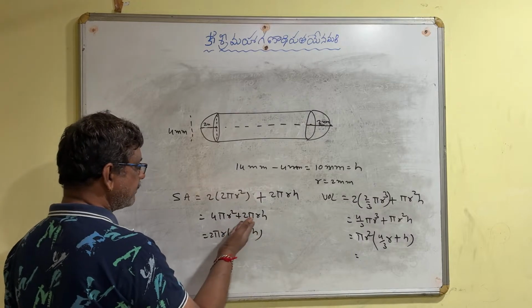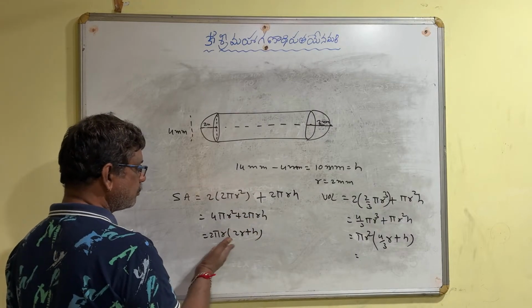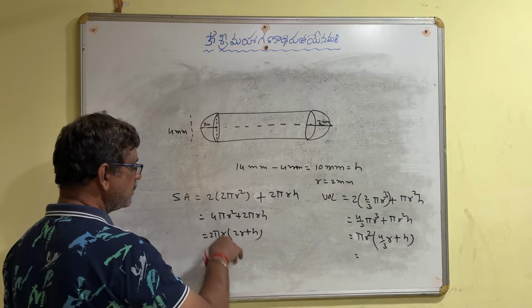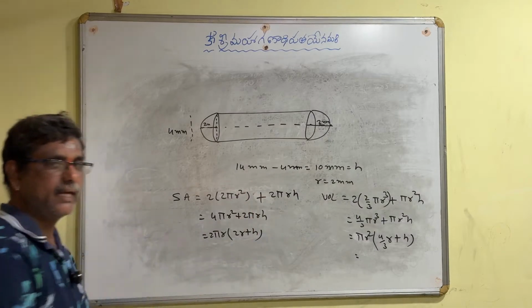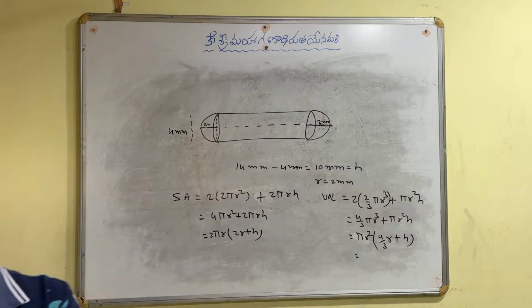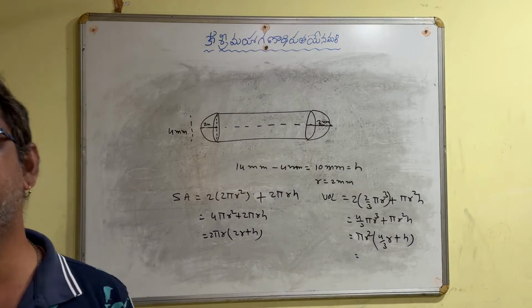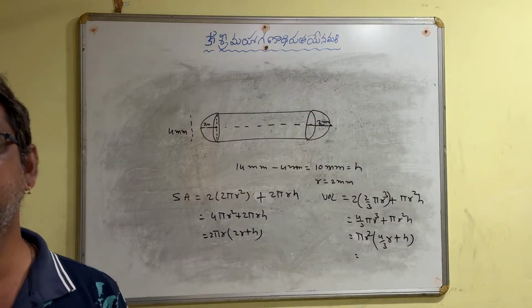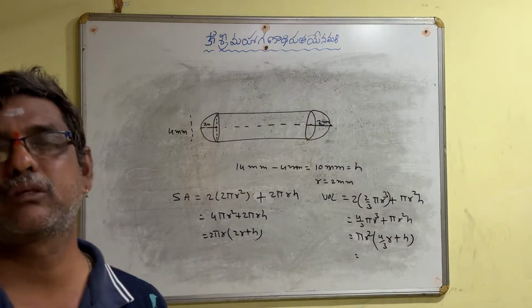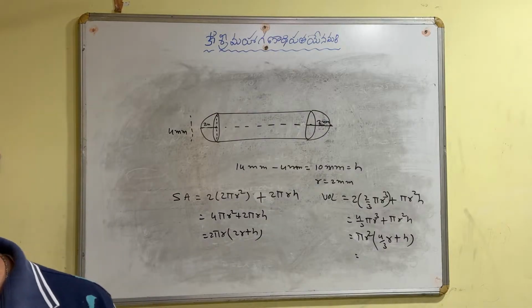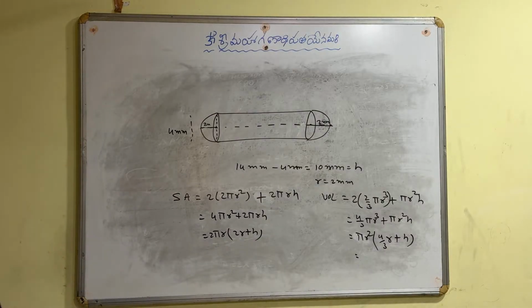Clearly we can observe that we can take 2 pi r common, remaining is 2r plus h. Now insert the values. Then simplifications will be easy. From the beginning, if you try to insert the values, it will be a big mess. You may do simplification mistakes.